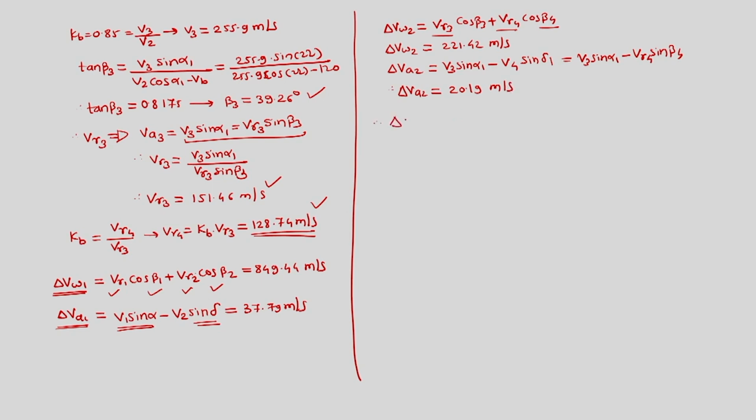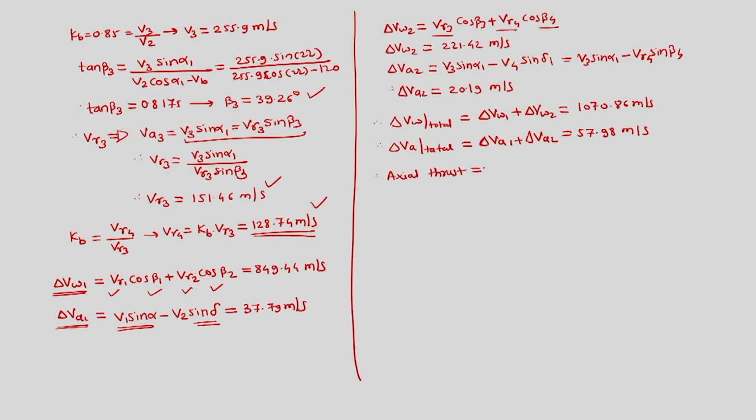So delta VW total is equal to delta VW1 plus delta VW2, and we get 1070.86 meters per second, and delta VA total is equal to delta VA1 plus delta VA2, and that is 57.98 meters per second.